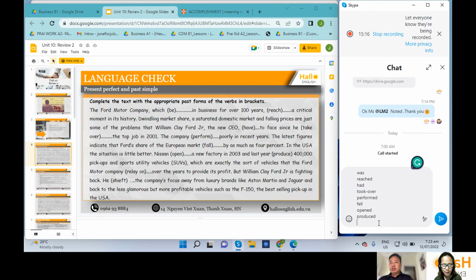We are exactly the sort of vehicles that's a Ford Motor Company.